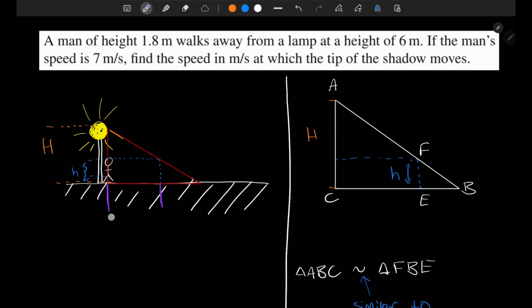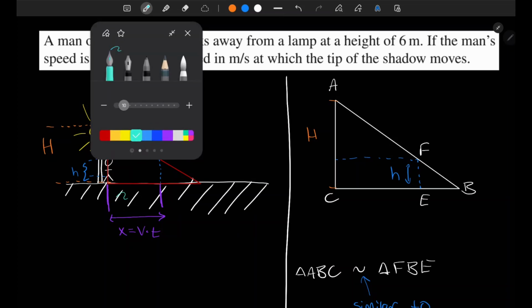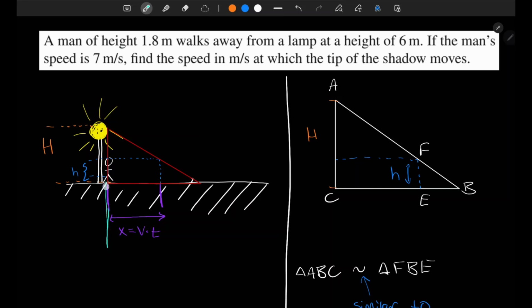And this distance here is x, which is equal to v, his velocity, times time. So he makes it to this position after a time t. Okay. Then we will say that his shadow goes from this distance here all the way down to here. And this distance, which I'll call xs, is equal to v prime times time. Notice that these guys have the same times.